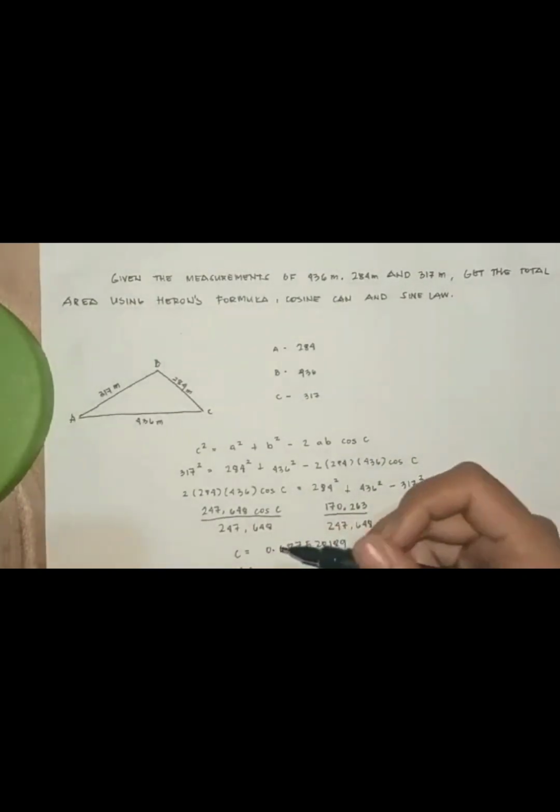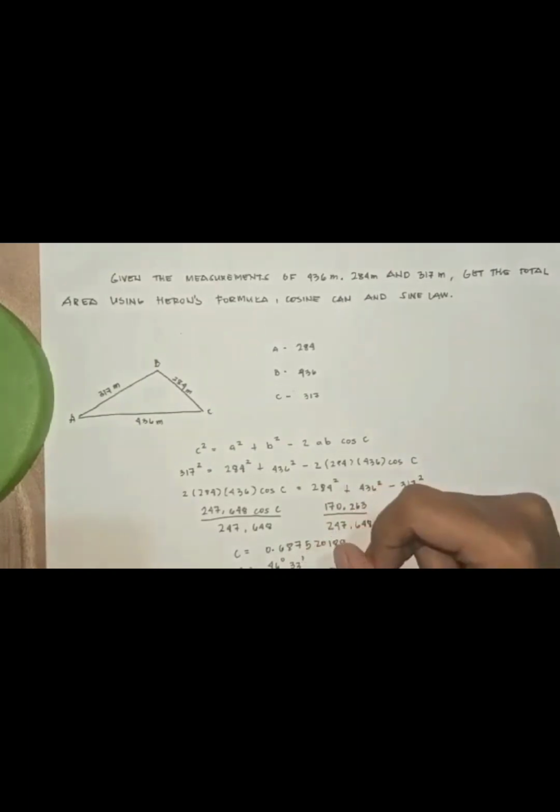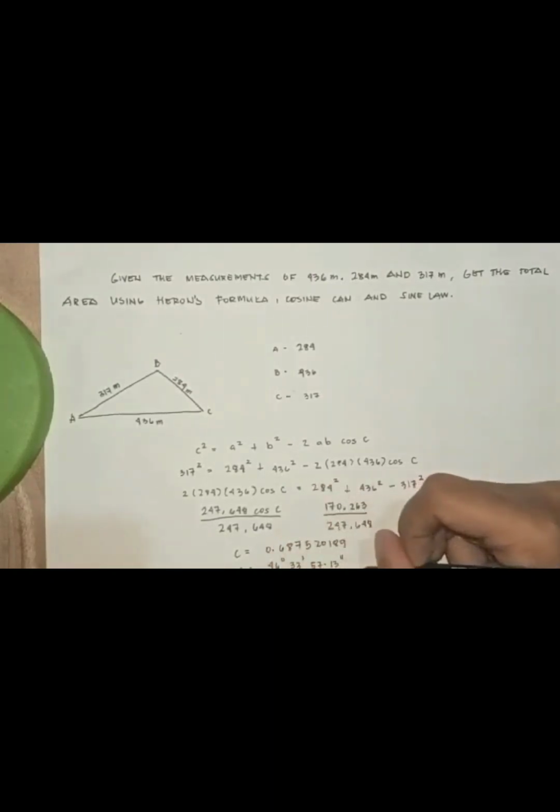We will shift cosine, and C is equal to 46 degrees 33 minutes and 57.13 seconds. This is the final answer of the cosine law example.